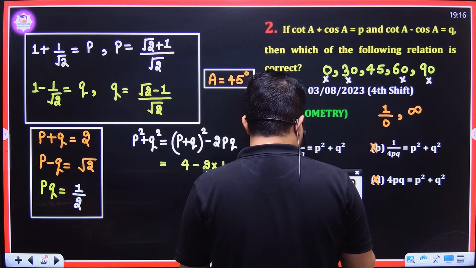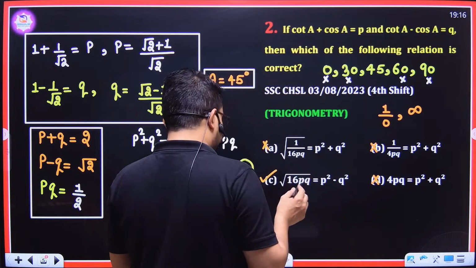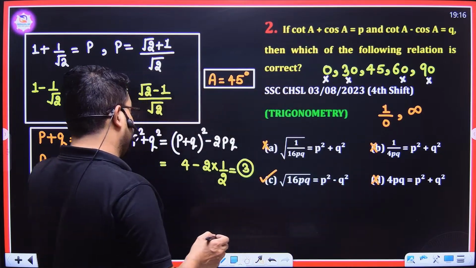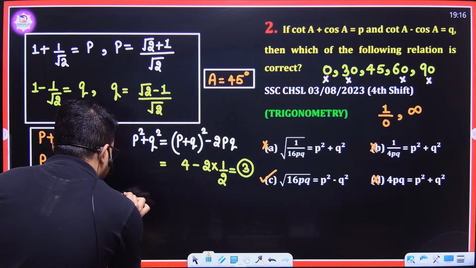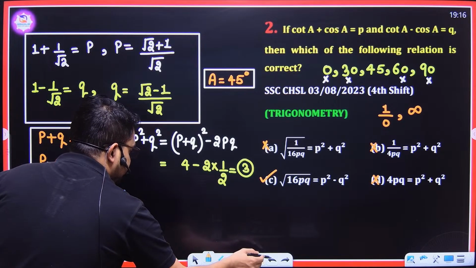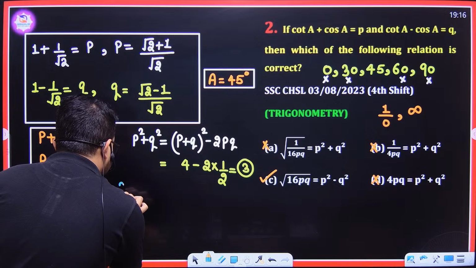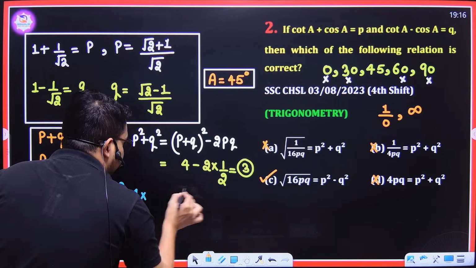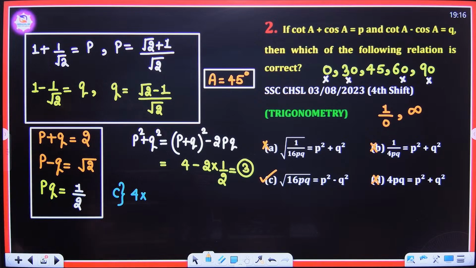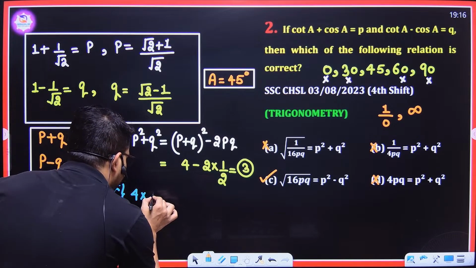Now I will solve this option, and I will give you 2 results which you will always remember. If I take option number C, then what do I have? I have 4 into root PQ, which is 1 by 2, so I have 1 by root 2.